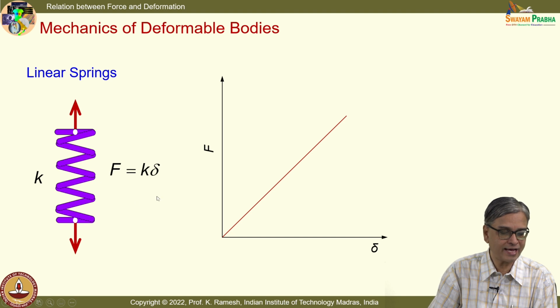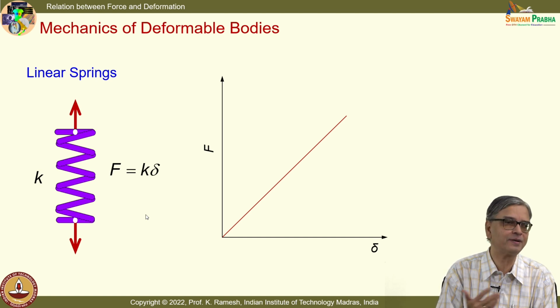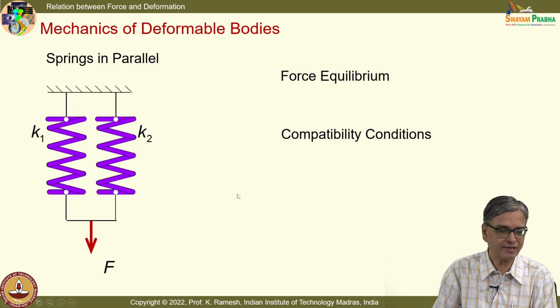And you also have a very famous relationship relating force to displacement, and you call this K as stiffness. If you know the stiffness of the spring, you understand the force displacement relationship. Or when you make the force displacement relationship, you can also find out the stiffness. When you make measurements of the displacement, you can also go back and calculate the stiffness. And this you would have done many times in your JEE preparation, I suppose.